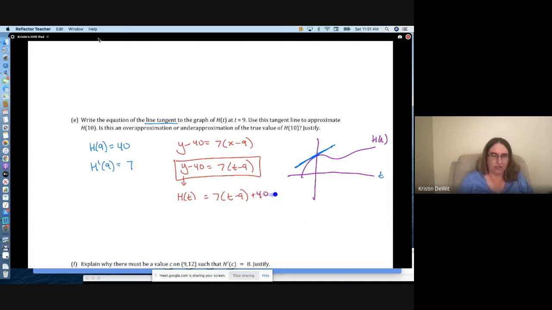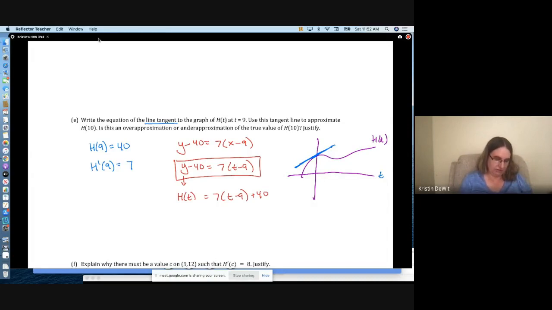That line is still in terms of like some y equals mx plus b, but now because the x-axis is no longer x, it's t. We don't change it, because h is different than the equation of this line. So that's why I don't call this h yet, because it's not this curve. H is a different curve than whatever this line is. We're just using this line to approximate 10.